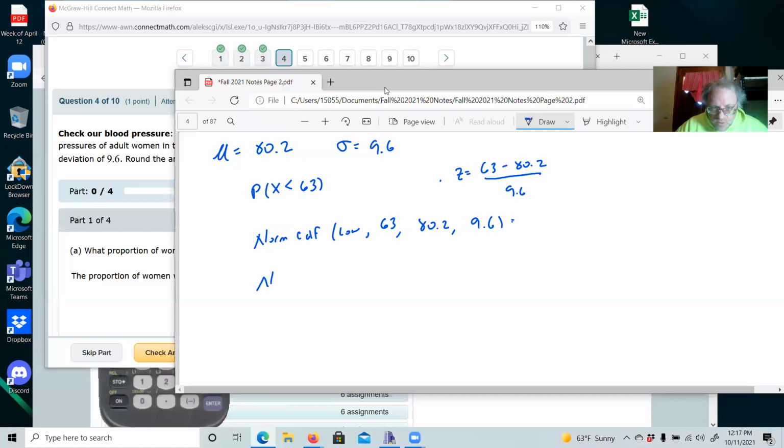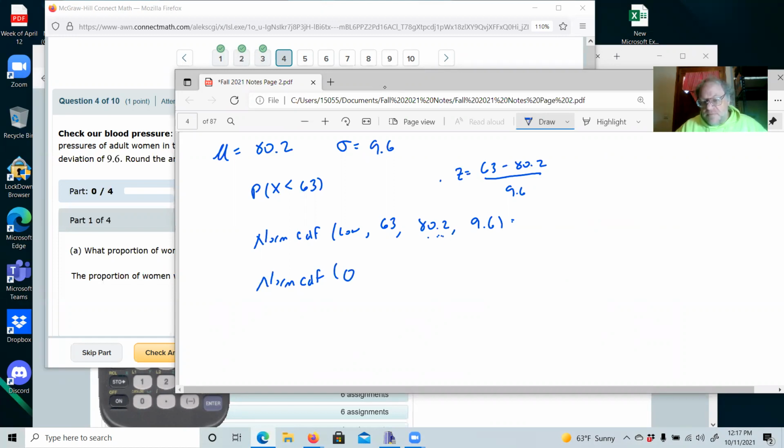So norm CDF, pick a low number relative to this average. 0 is pretty low, right? I mean, we have to center our graph at 80.2, and each step takes us 9.6 units.